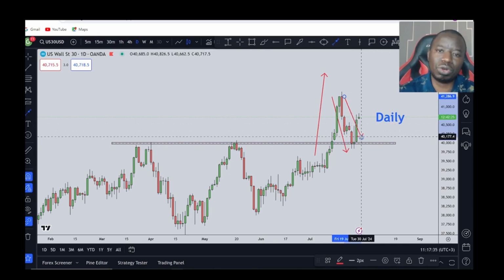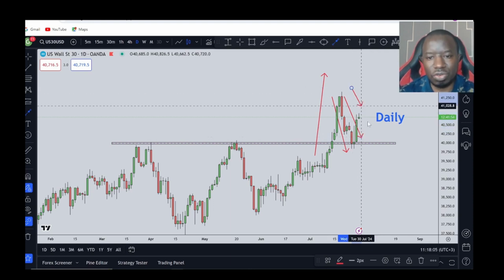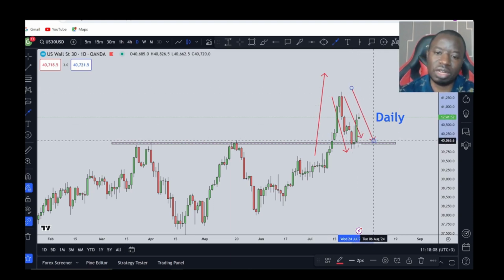And now for price to drop to the downside, some longs had to be taken off the table. They had to cash in. And so that's why you see the long positions being closed off at a much higher rate than the short positions. But it's not that demand is coming down, but rather it was just this retracement after the impulsive move to the upside.